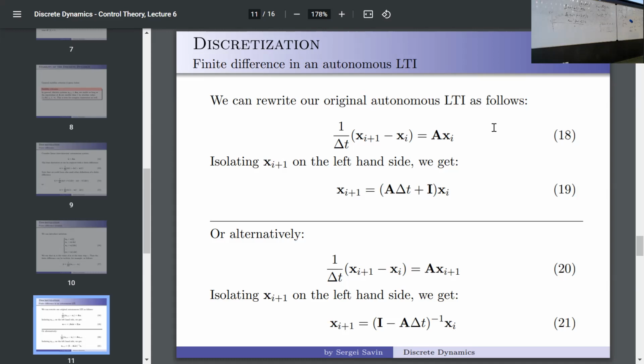Notice now that if delta t is extremely small, let's say delta t is 1 over a million, so you have a megahertz frequency, this will be almost identity, right? Can someone identify any problem with that?